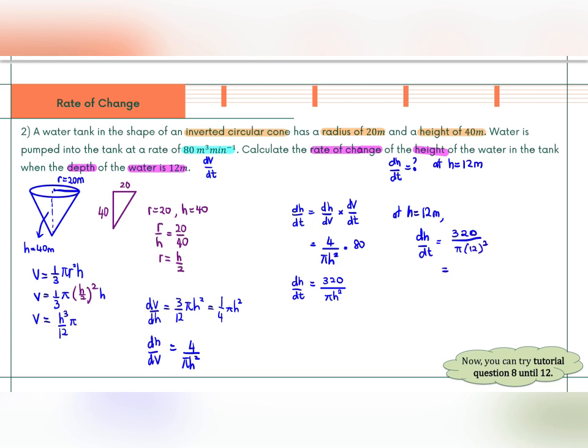So here, the answer that we get will be 20 over 9 pi. And the rate adalah height. So, meter per minute. Kenapa meter per minute? Sebab dekat sini adalah per minute. And then, kita punya height adalah in terms of meter. So, meter per minute. Okay, so this will be our answer.